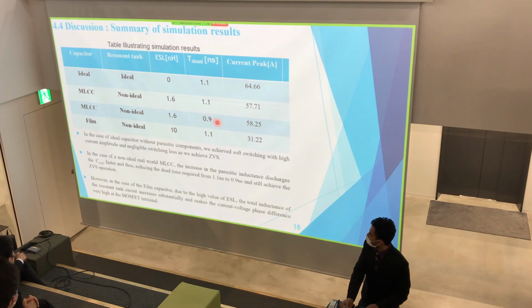Although we can decrease the dead time, I think it's because the inductive nature of the circuit helps the parasitic capacitance of the switching device to discharge faster. So we can decrease the dead time, and the current peak increases.